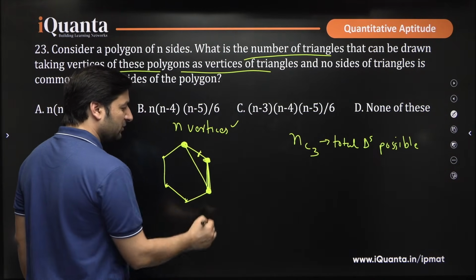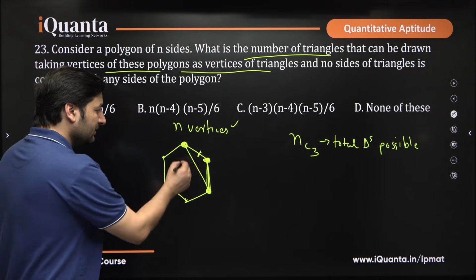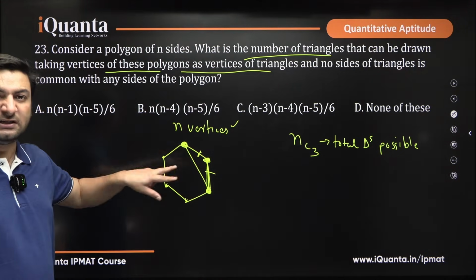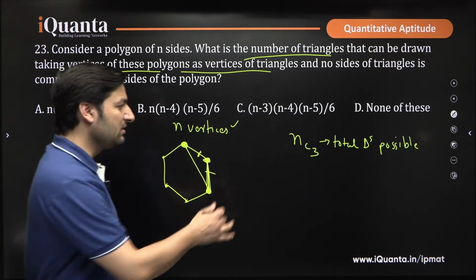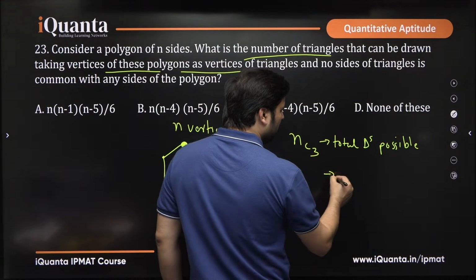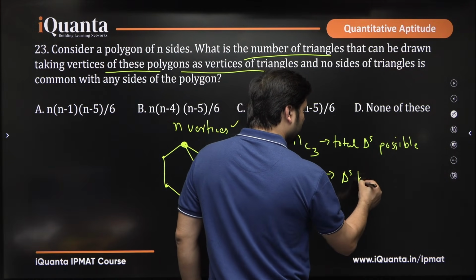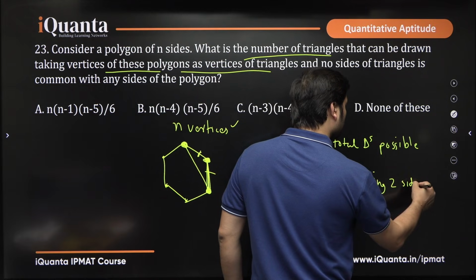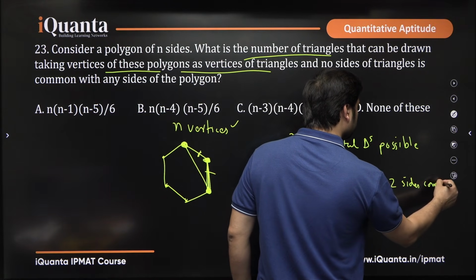This also is a side of the triangle and a side of the polygon. This side is not common, isn't it? So this is a triangle which has 2 sides common with the polygon. We do not want such triangles. So out of these total triangles possible, we will have to remove triangles having 2 sides common with the polygon, isn't it?